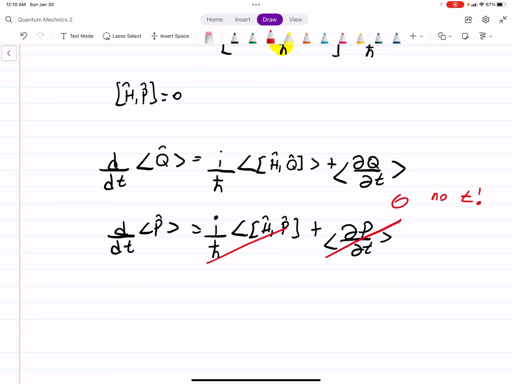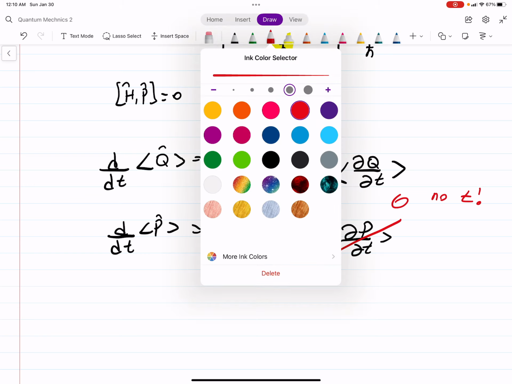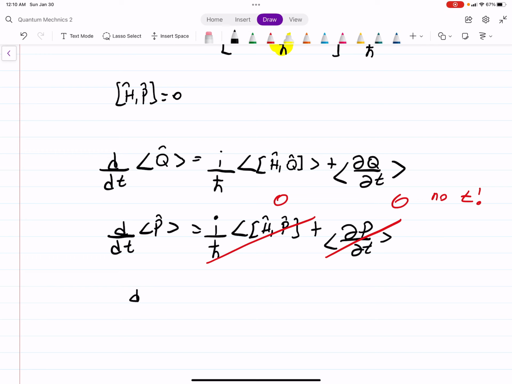We just showed that this is zero in the earlier step, which means d by dt of our expectation value of momentum is zero. And this means that momentum is conserved in this system.